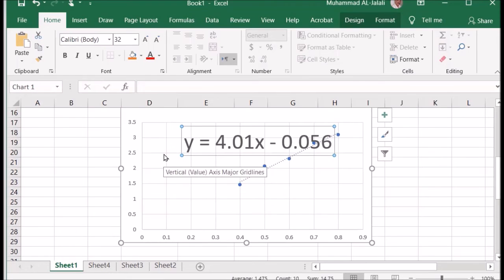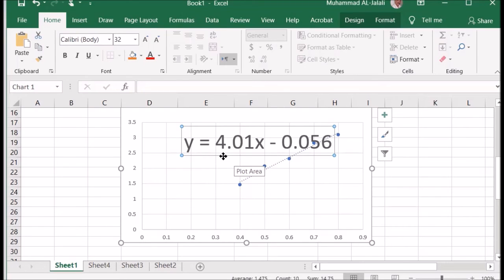Graph between T square and L. Immediately we will get the linear equation and linear line, straight line.